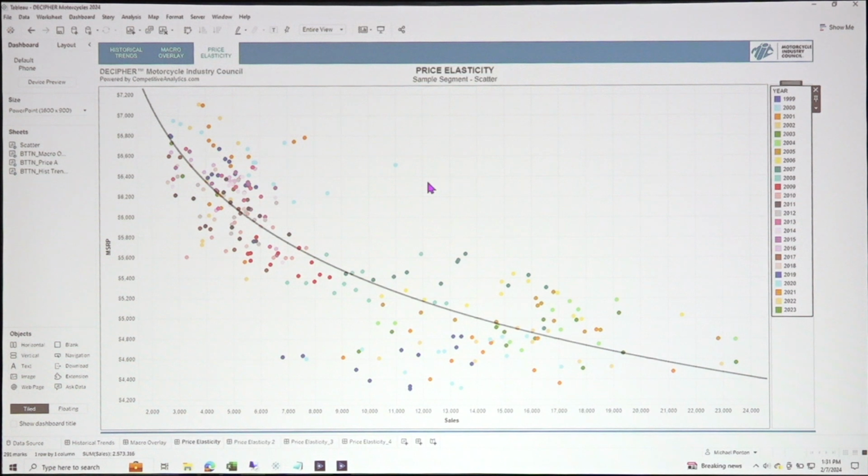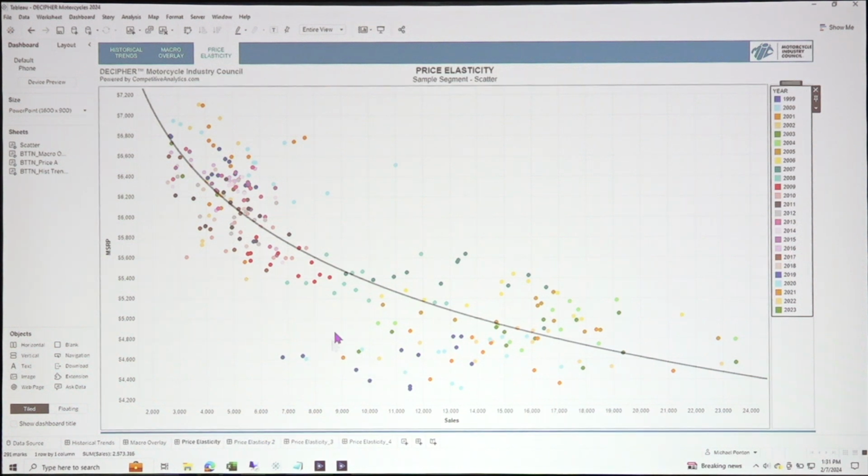Typically, with their competition, probably in this industry too, when you raise your price, your competitors raise their price. And so forth. So it's really hard to decipher price elasticity until you account for the competitor's price as well. And then you can start to see how the demand curve will form after you correct that.